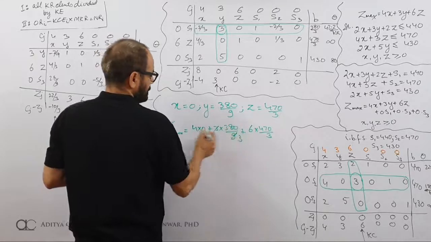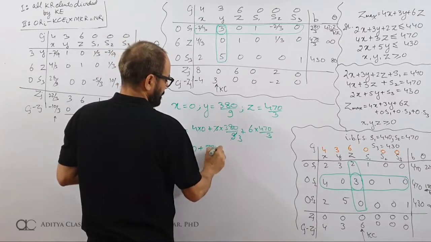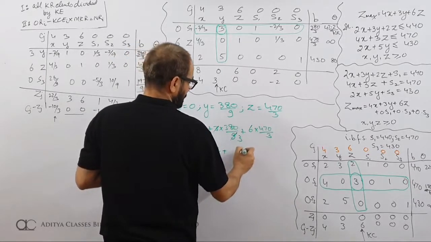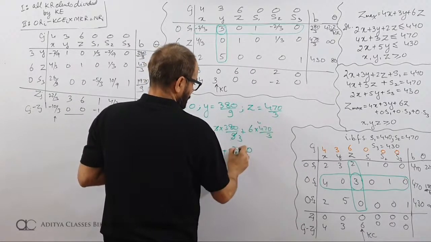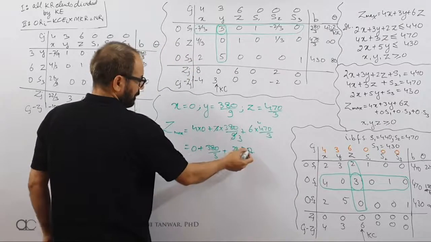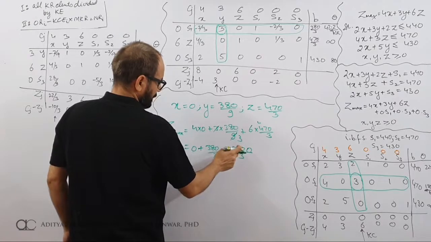You can cancel this down, this becomes 0, so you have 0 plus 380 by 3 plus, if you multiply this, you will get 2820 by 3, making it 3200 by 3.